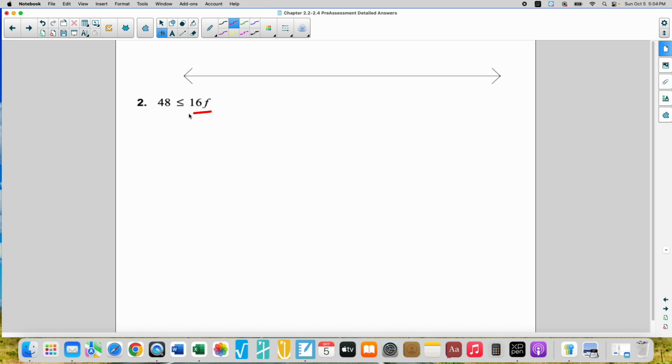Let's divide by 16, divide by 16. I don't know if 48 and 16 can simplify, or if 16 goes into 48, so I'm just going to reduce it. I'm going to take half, which is 24 and 8, and now I see that it's 3, because 8 times 3.